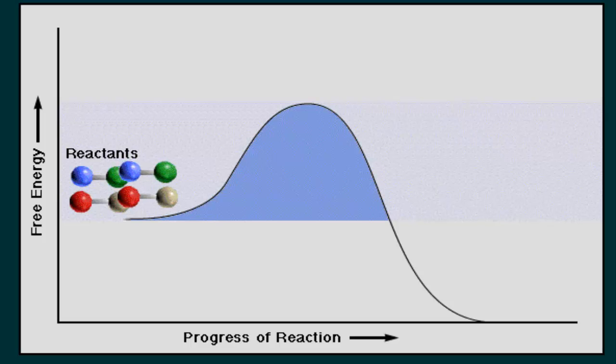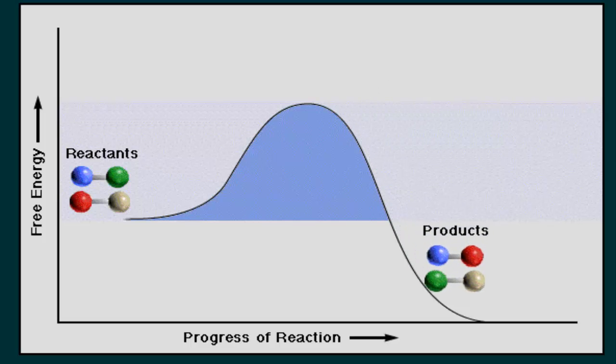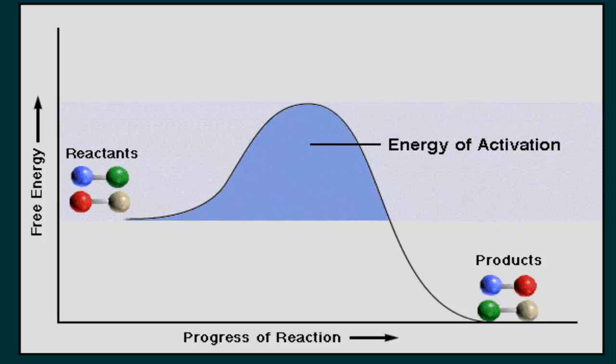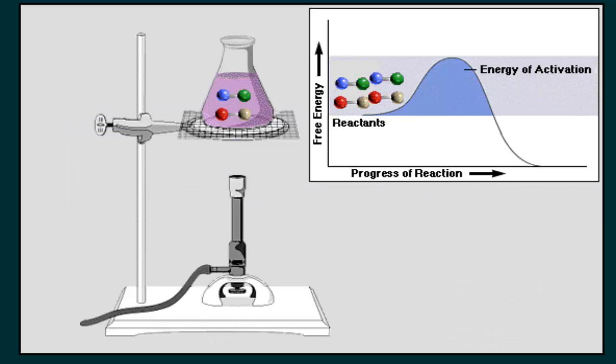In a chemical reaction, the reactants must absorb a certain amount of energy from the environment before the reaction can occur. The specific amount of energy required for the reaction is called the energy of activation. In chemical reactions occurring outside of living organisms, the energy of activation can be supplied by directly applying heat.